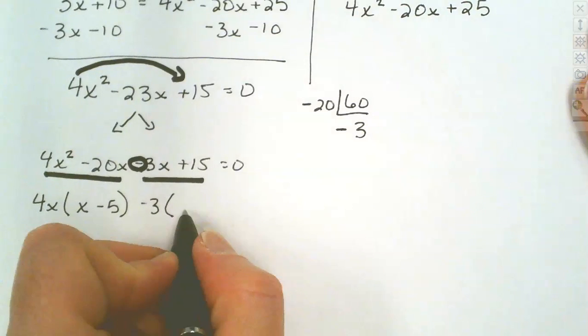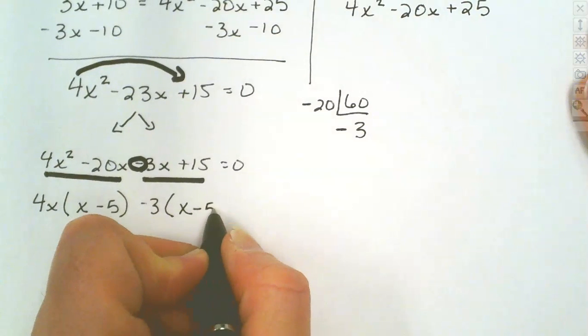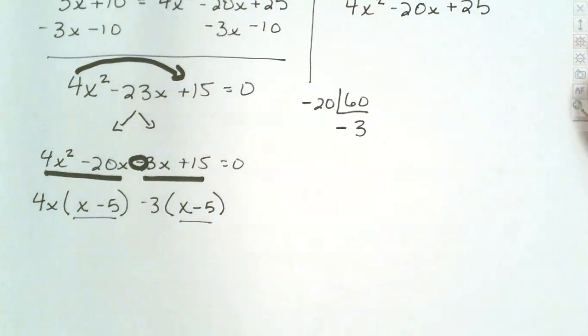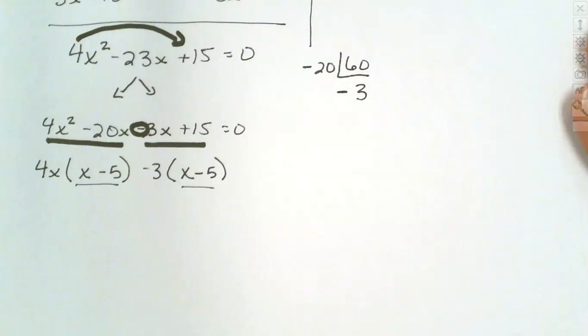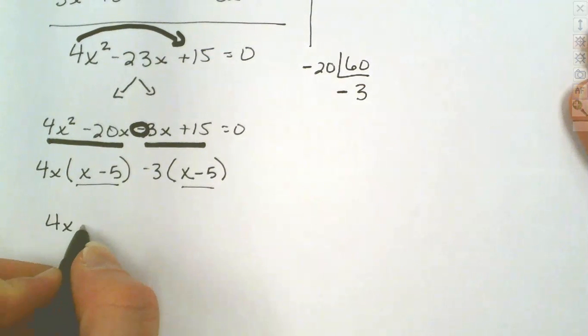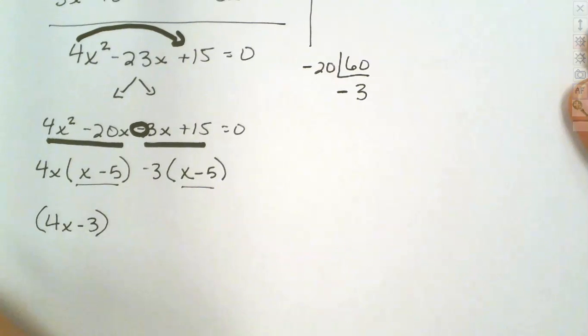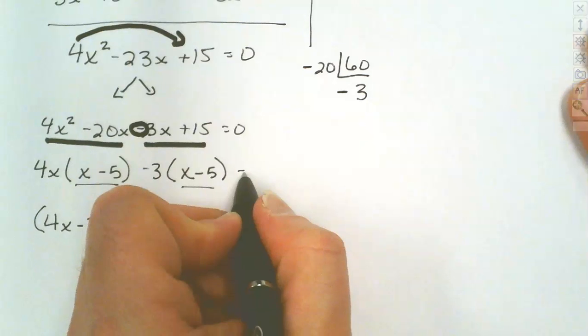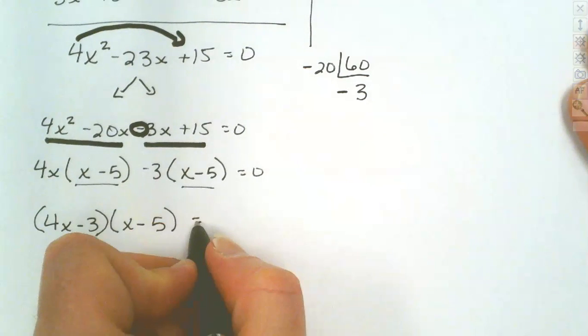And that leaves you then with an x, switching your signs, minus 5. Those are the same. And that leaves me then with 4x minus 3 and an x minus 5, and that still equals, again, 0.